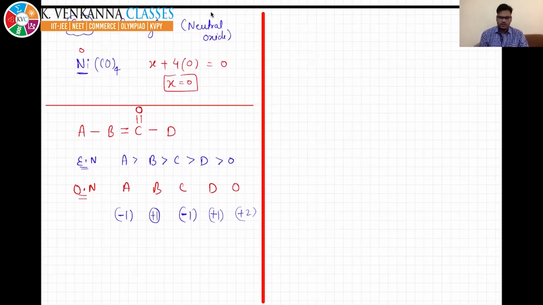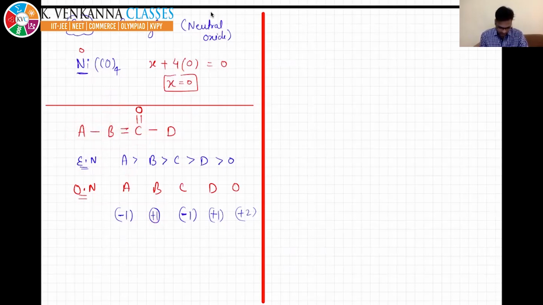Okay, as it is given the electronegativity order, according to that you just see the bonds. For B, there are two bonds with less electronegative atom, one with more electronegative atom. So with less electronegative atom, it will get minus charge, and with more electronegative, it will get plus charge. So you need to write the summation, right?